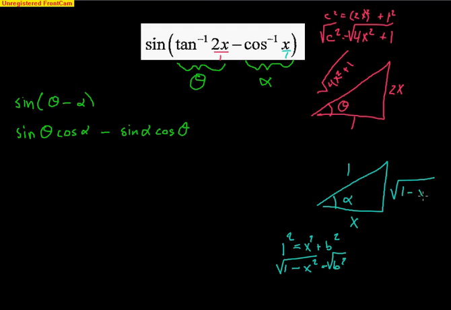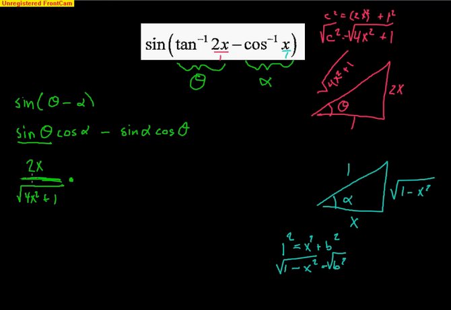Now, based on all this information, I could come back here and find everything I need. Sine of theta. There's theta. Sine is 2x, opposite, over hypotenuse, which is pretty ugly, the square root of 4x squared plus 1, times cosine of alpha.